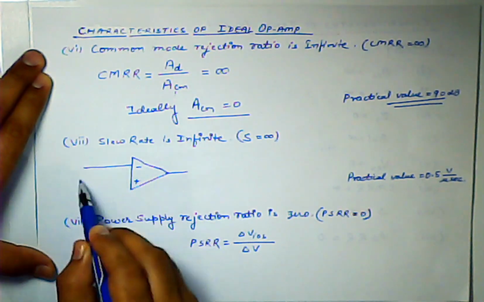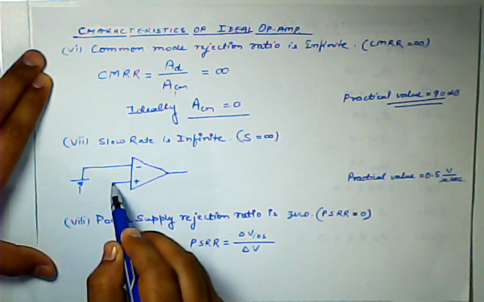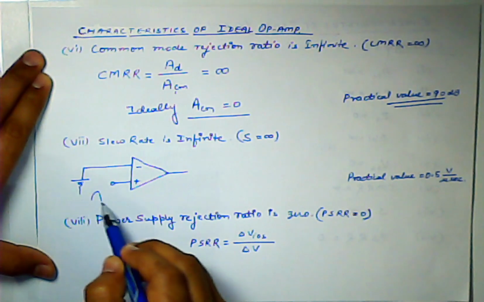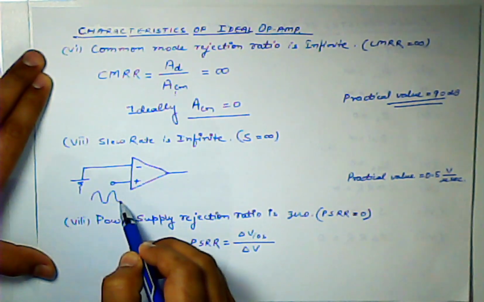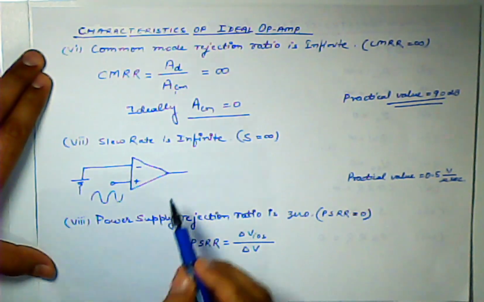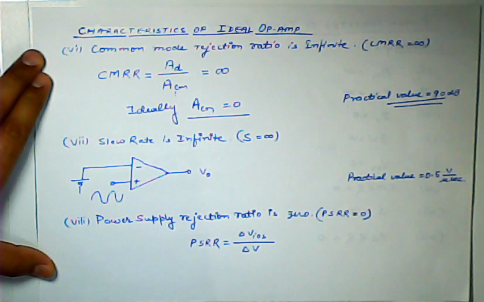We connect one of the terminals to the ground and at the other input we apply an input voltage, let it be a sine wave. For this input voltage definitely it will get some output.